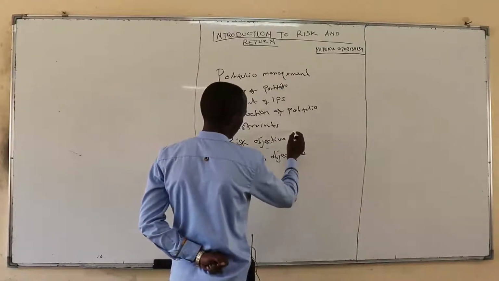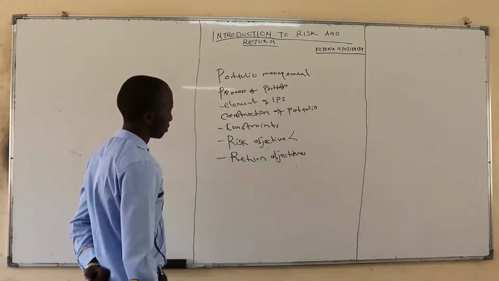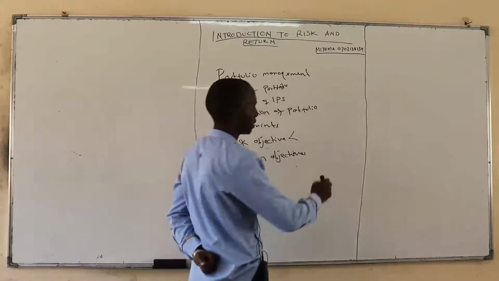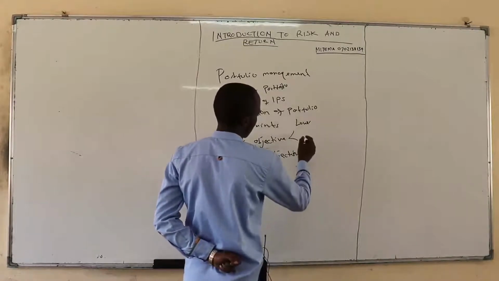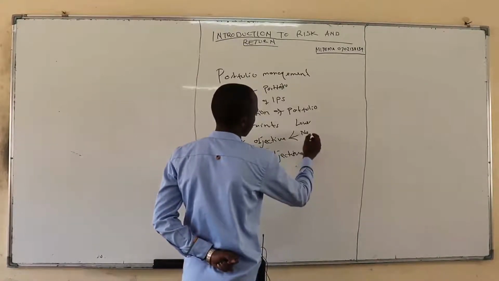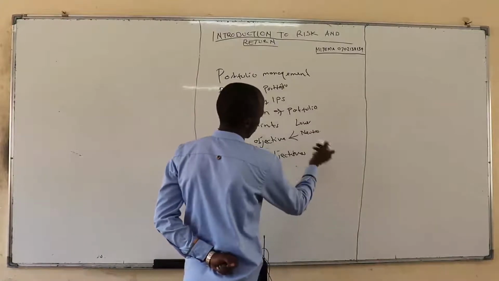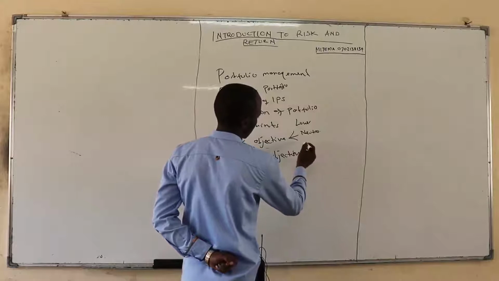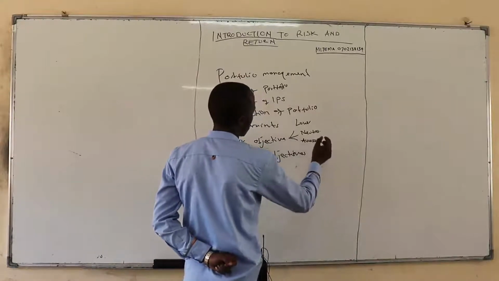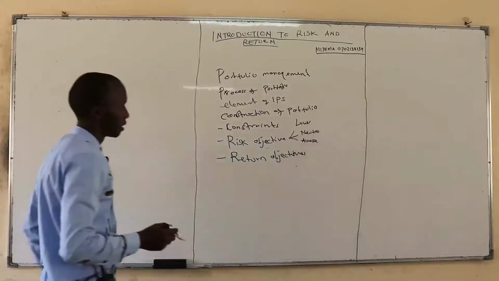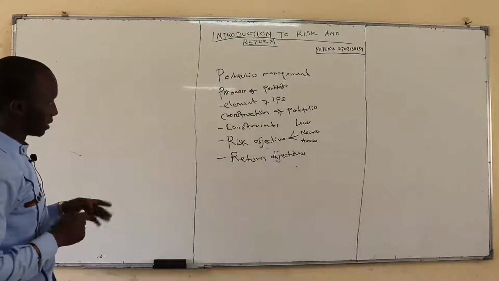We said you have different types of risk persons. You have risk lovers, people who love risk. There are people who are neutral, and there are people who avoid risk, they call risk averse. They avoid risk in their transactions or in their investment undertakings.